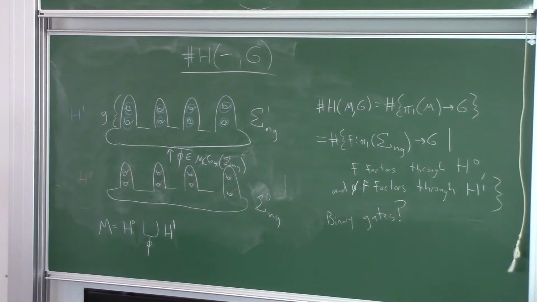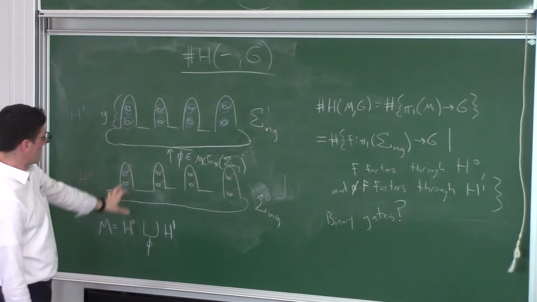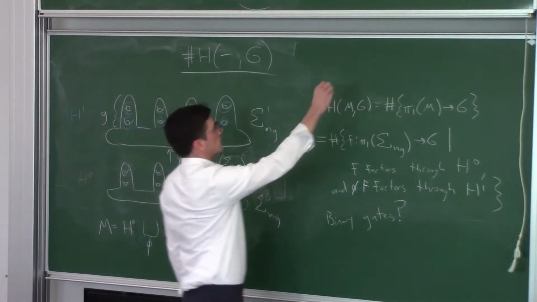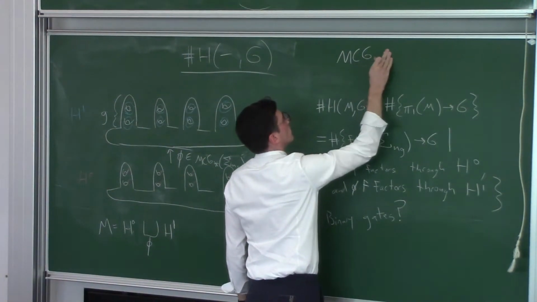So you're going to tell us how to write the constraints. Yeah. So an immediate issue when you're trying to compare these two things is that a mapping class is acting on maps from the surface to G. So let's write that.